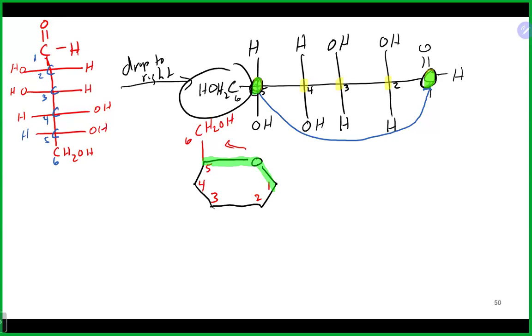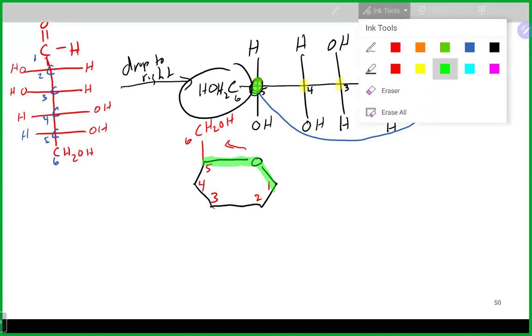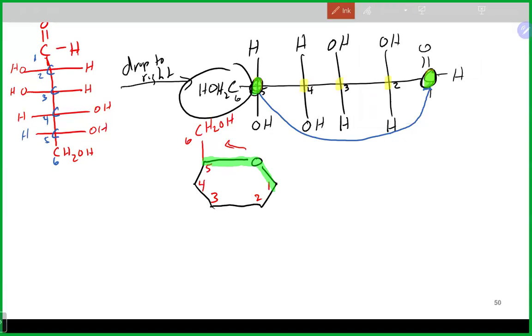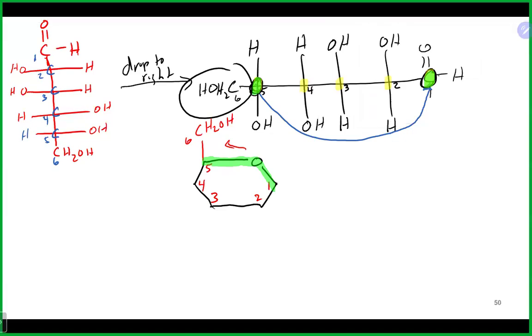All right. So now that I have that, what do I do with the rest of the stuff? Well, we turn the page and go to the next problem. Here's the deal. Because 5 is the carbon that closes up the ring, all the stuff on carbon number 5 is incorporated in the green section I just highlighted.